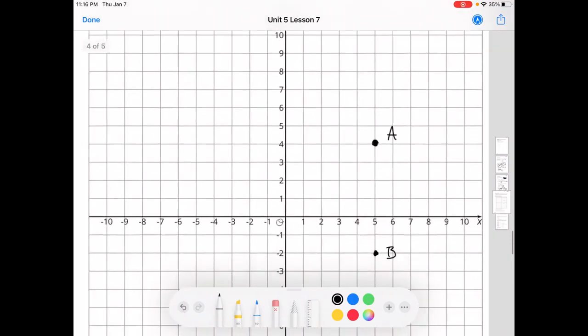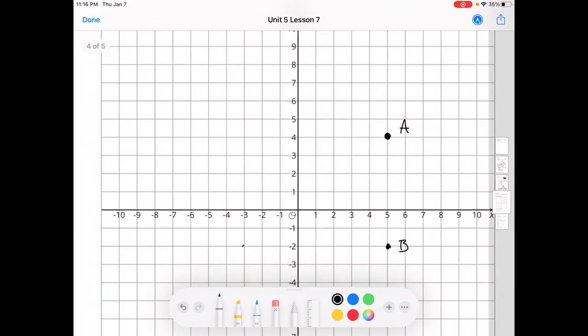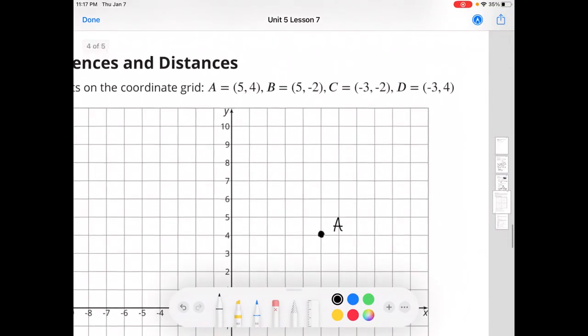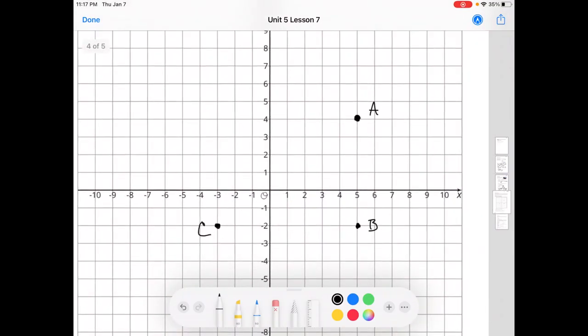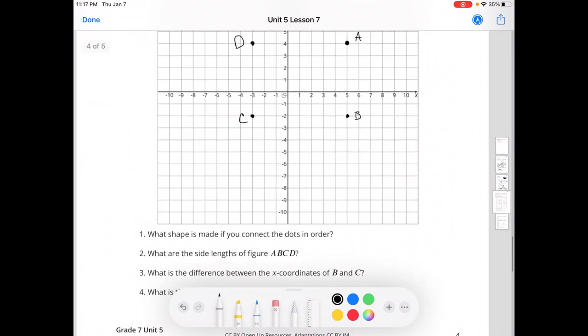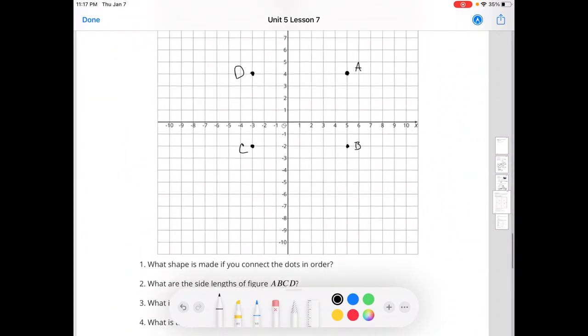Point C is at negative 3 and negative 2. And D is at negative 3, positive 4. Okay, number 1 says what shape is made if you connect the dots in order. So if I connect all my dots, that creates a rectangle.